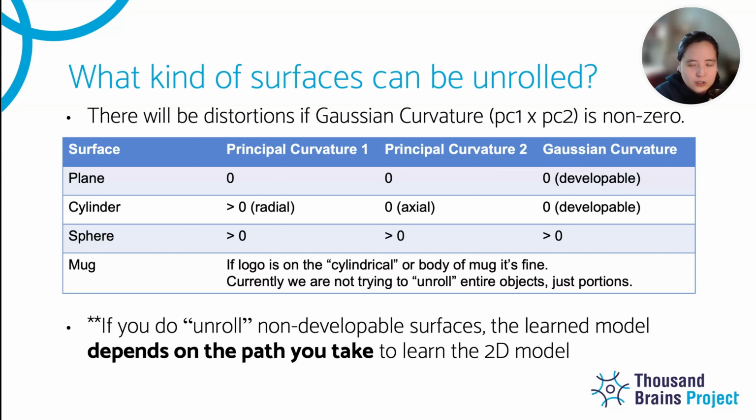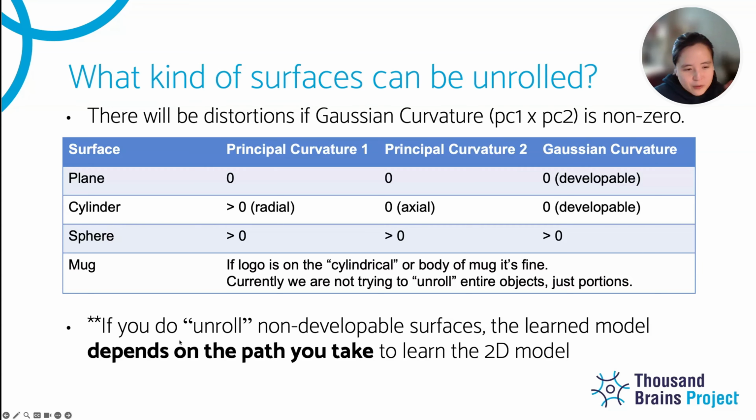And as long as that part is somewhat like a plane or a cylinder, like a mug is a cylinder with a handle, and the logo is on the cylindrical part of the mug, then we can learn a pretty good representation of the logo, even though the mug as a whole cannot be flattened into 2D. So basically, yes, we have a lot of odd shaped objects, but don't worry, as long as it's locally unrollable, it's fine.